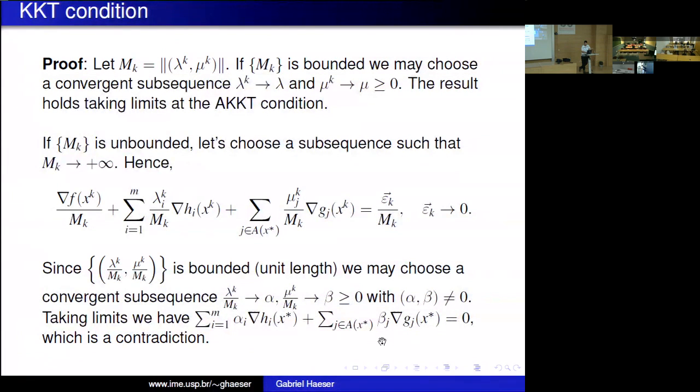If I had a situation in this case such that every non-trivial combination that results in the zero vector is such that some beta j is negative, then I can also prove the KKT condition. This is what we call the Mangasarian-Fromovitz constraint qualification. So you replace linear independence by positive linear independence.